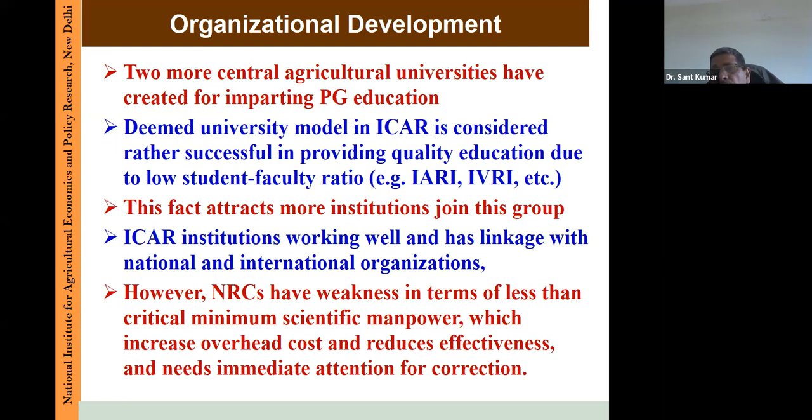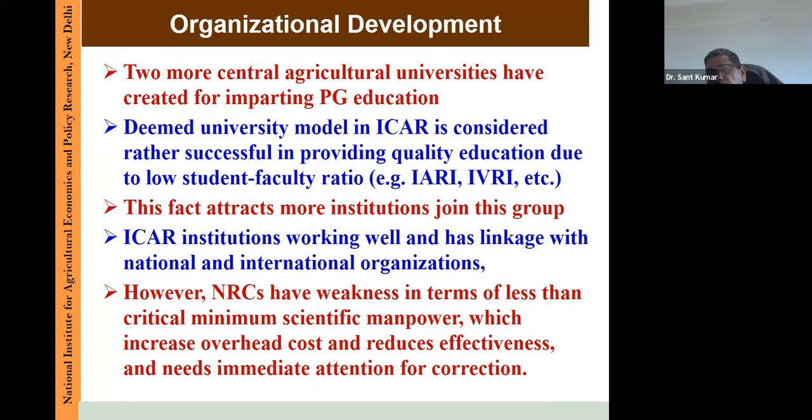Such institutions are praised for providing quality education. This attracts more institutions to develop the system along such lines. The ICAR institutions are working well and have linkages with both national and international organizations and systems.